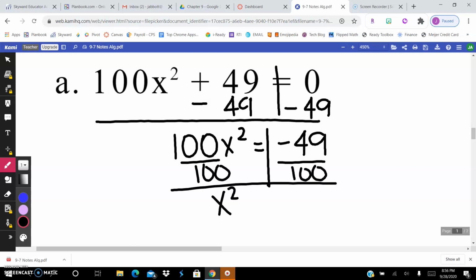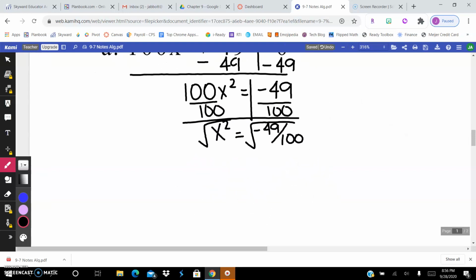So I just have that x squared equals negative 49 over 100. And then we have to take the square root of both sides. And I notice I have a negative under the radical, so this is no solution. Can't take the square root of that.